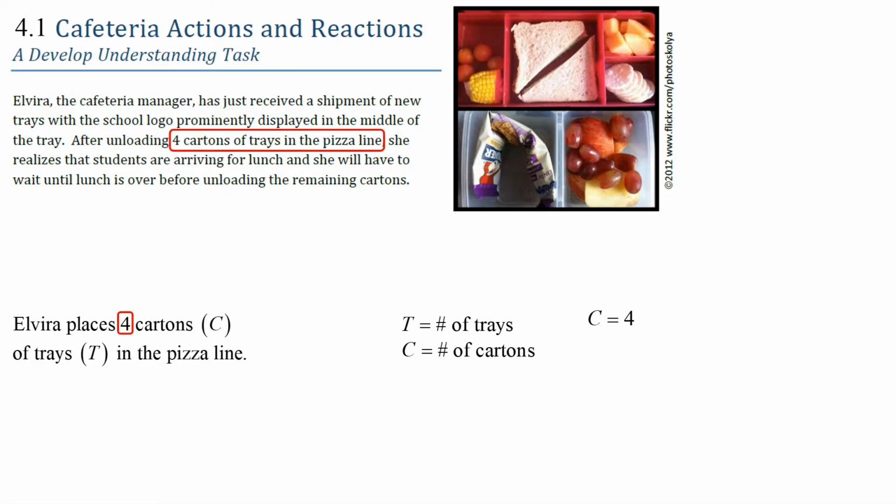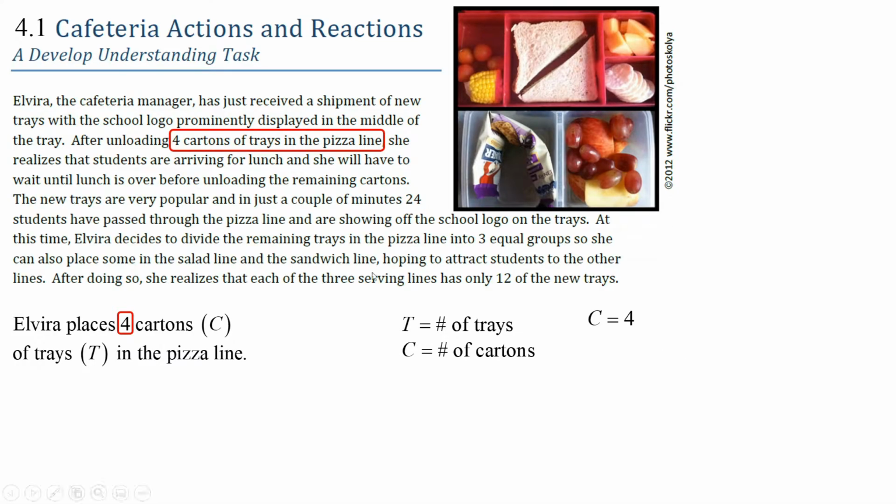A lot of information there. Oh, more information here though. The new trays are very popular, and in just a couple minutes, 24 students have passed through the pizza line and are showing off the school logo on the trays. 24 students have gone through the pizza line, and they've got the new trays in their hands.